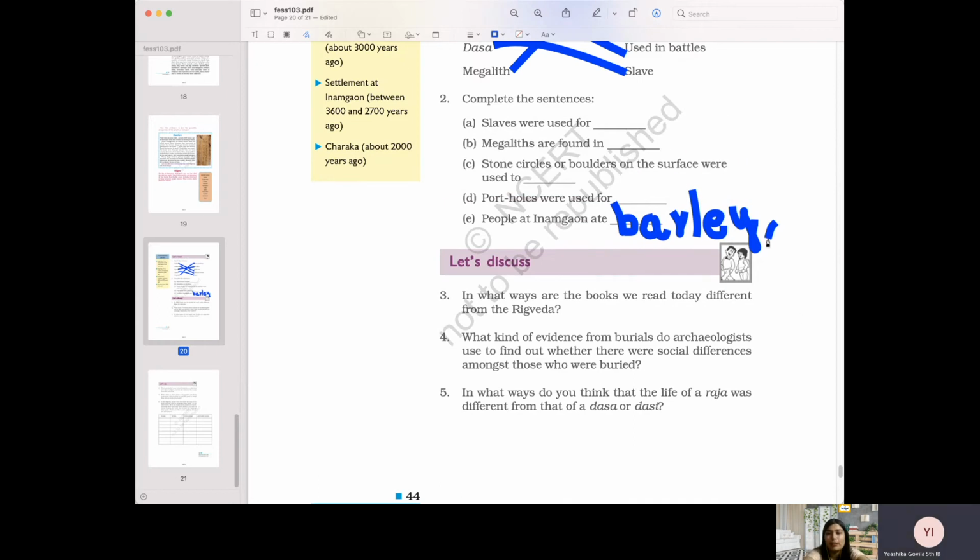Then stone circles or boulders on the surface were used to remove the stones because the stones were very big. Okay. Were they not used to bury the dead bodies? But why would they use this to bury the dead bodies?